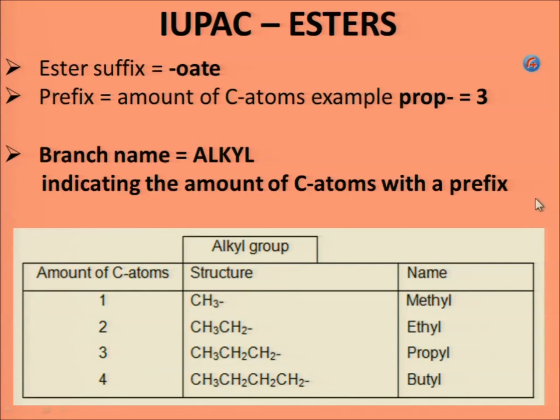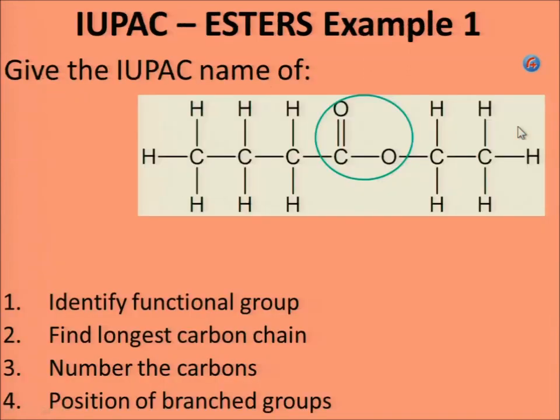IUPAC names for esters. The suffix for an ester is oate. Now the rest of the name is given just like for carboxylic acids and the rest of the molecules we did previously. Example 1. Always identify your functional group.